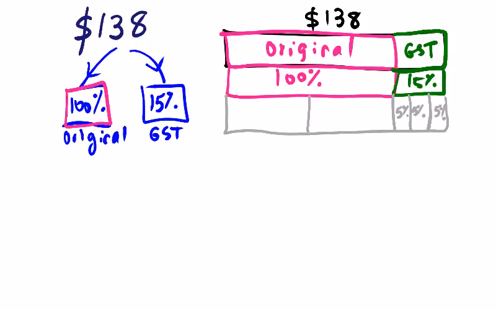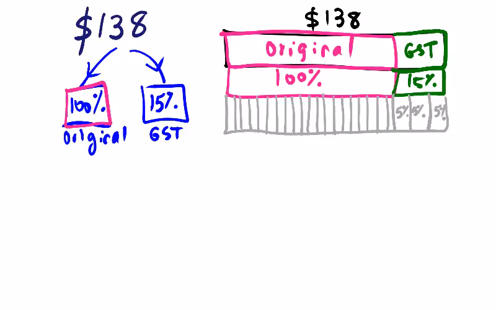Let's just try to organize this. So here we have 20%, and then 40, and then 60, and the last one here.